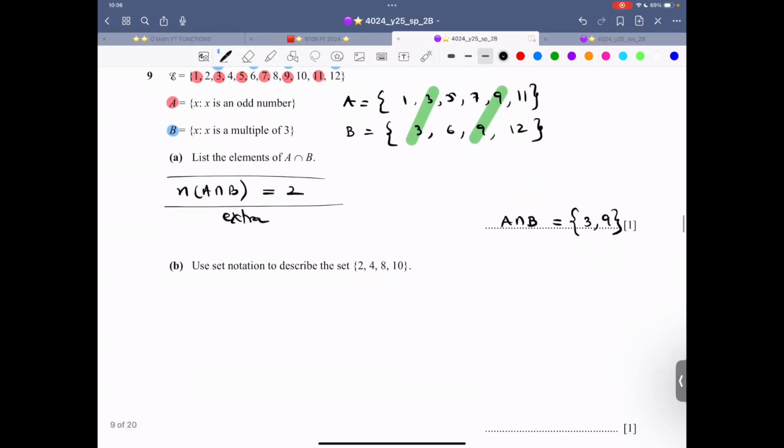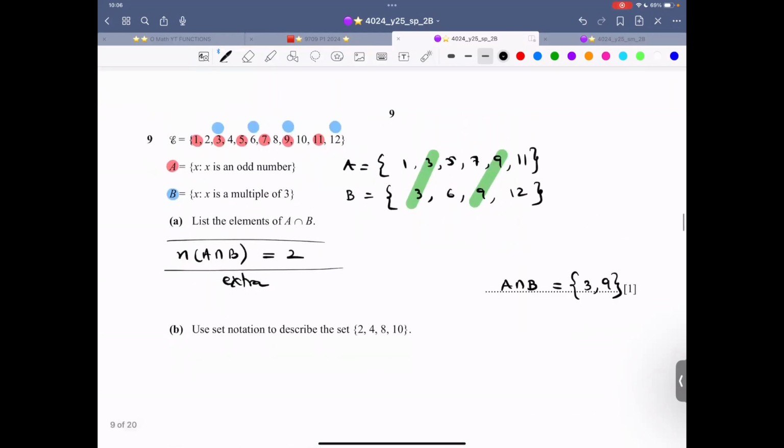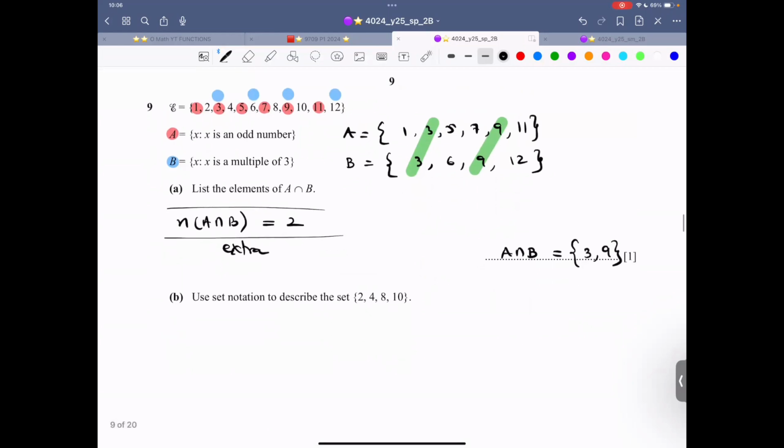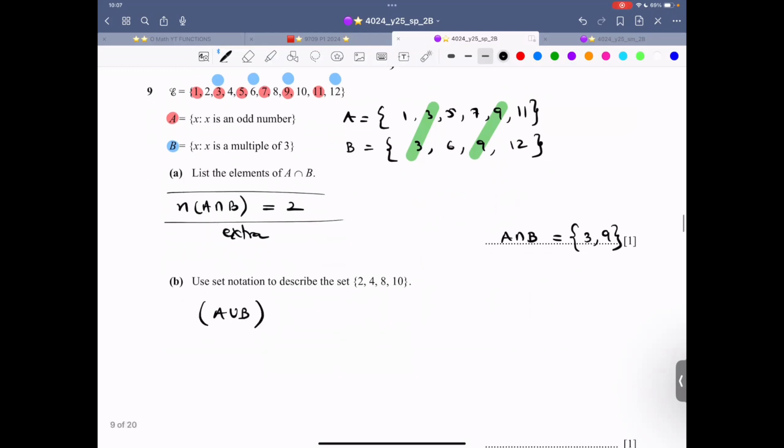Use set notation to describe 2, 4, 8, 10. Let me first write down A union B. So A union B is take all without repetition. So I'll be taking 1, 3, 5, 6, 7, 9, 11, and 12.